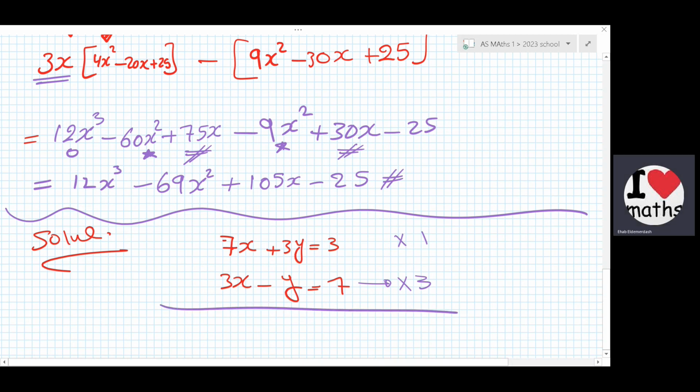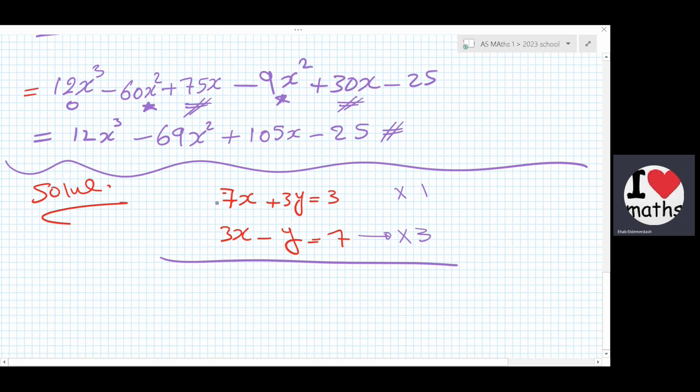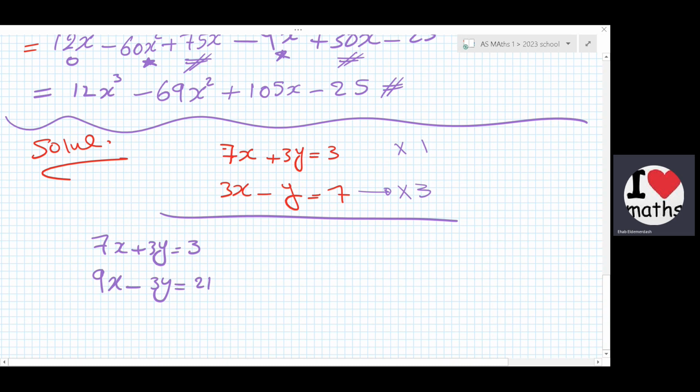Once I have done that, who can tell me, the first equation multiplied by 1 gives me 7x plus 3y equal 3. And the second one I multiply by 3 and I get 9x minus 3y equal 21. One of the strange things that happened while I was marking exams is that I find someone who, when doing 3 multiplied by 3, gives the answer as 6, multiplies the y and forgets to multiply the x. These are the things that make problems, Faisal. Someone multiplies one part and leaves the other part.